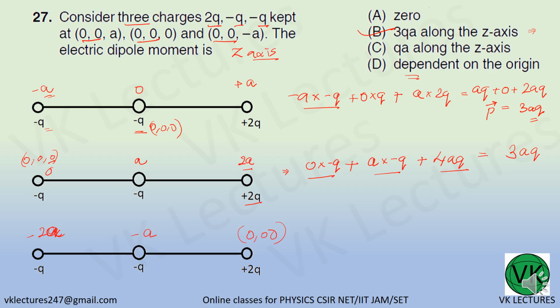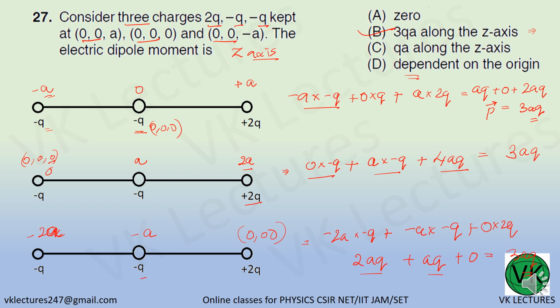Now this would be minus a into minus q, that is minus 2 times a into minus q, plus minus a into minus q, plus 0 into 2q, minus 2a into minus q, that is nothing but 2aq, plus minus a into minus q, that is equal to aq plus 0, which is equal to 2aq plus aq is 3aq.